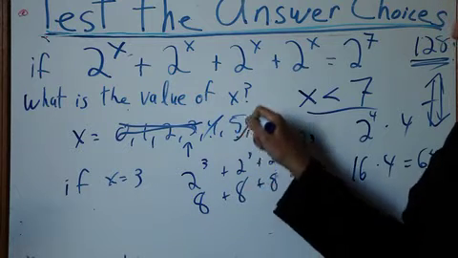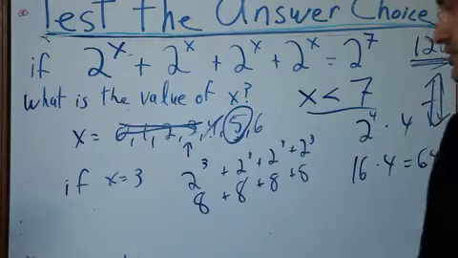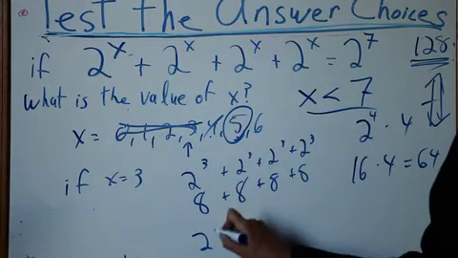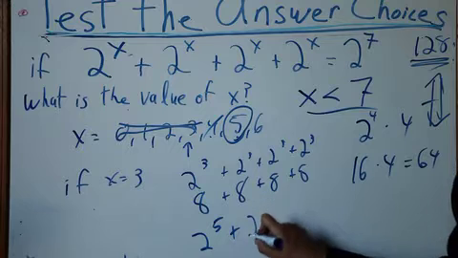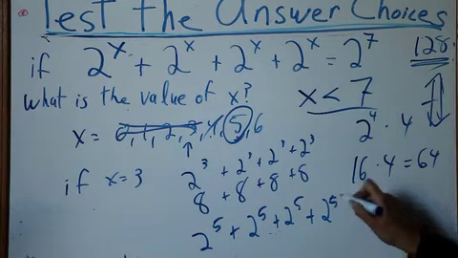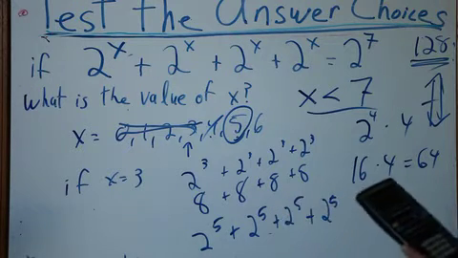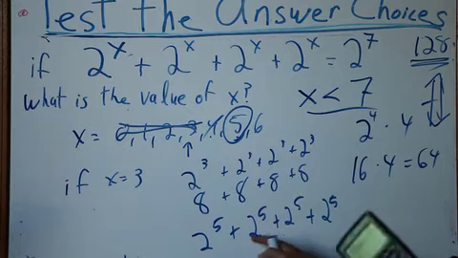I'm closing in. Let's see if 5 might happen to work. When I put in 5 as x, the left-hand side would read 2 to the 5th plus 2 to the 5th plus 2 to the 5th plus 1 more 2 to the 5th. Simply entering these numbers on the calculator, I get that 2 to the 5th is 32.